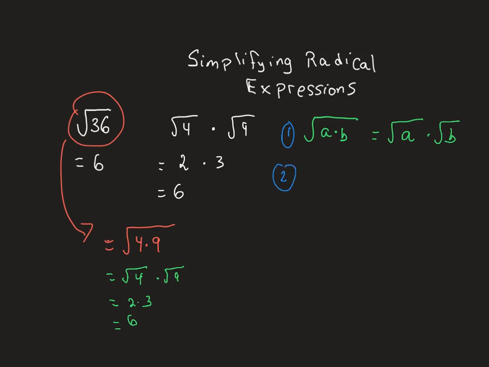The second rule, and again I'm going to preface this with another example. Let's say I had the square root of, let's go with, 16 over 4. Well, the square root of 16 over 4 is the square root of 4, which is 2.